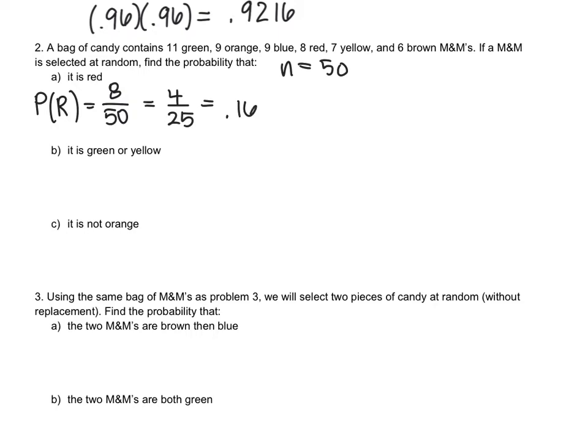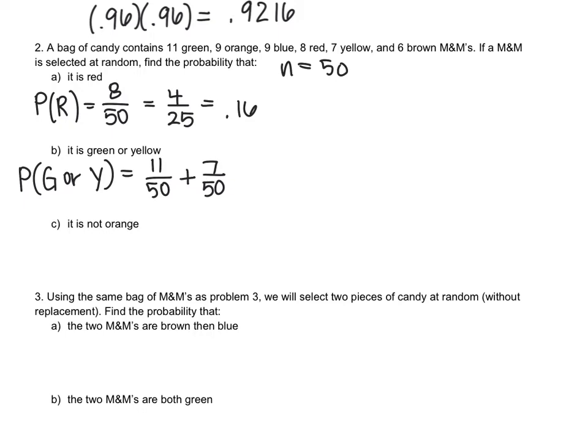Next, we want to find the probability that it is green or yellow. So there are 11 green and there are 7 yellow. So remember, anytime you're finding an or, you also have to ask yourself, are these events mutually exclusive? Because if they aren't mutually exclusive, you have to subtract the overlap. And in this case, the M&Ms are mutually exclusive.